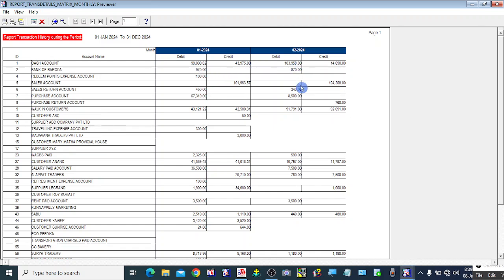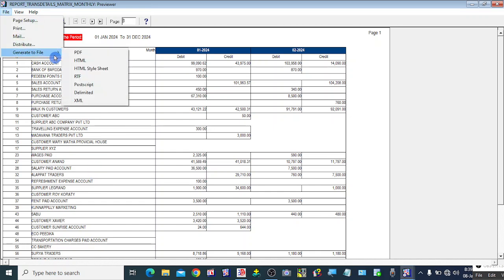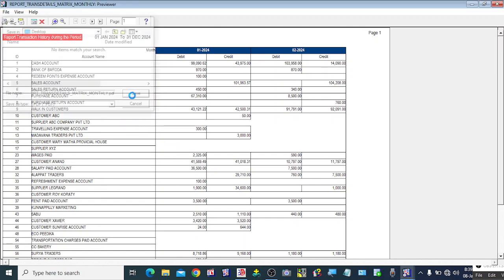And in the month of February, how much is the total receipt and how much is the total payment? In this way, we can make an analysis of each ledger account. This report is very useful for managers for various analysis. Let us save this report into PDF first.